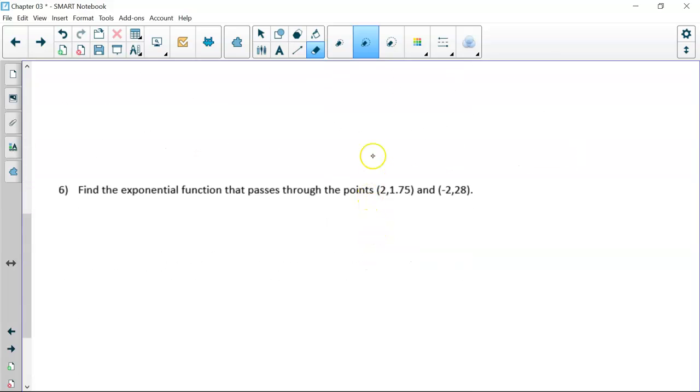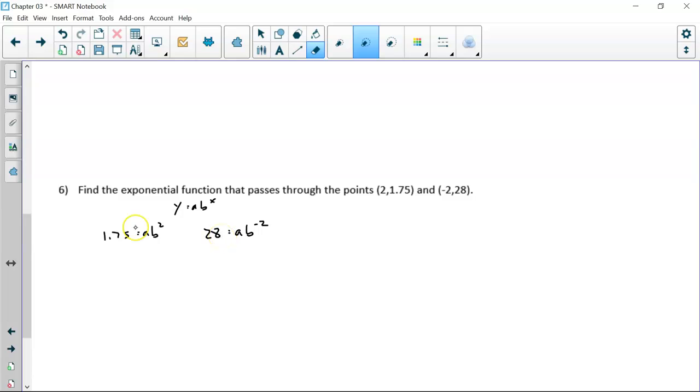It passes through the points 2, 1.75, and -2, 28. So remember, y equals a times b to the x. 1.75 equals a times b squared. 28 equals a times b to the negative second. Now, I still want my bigger number up top.